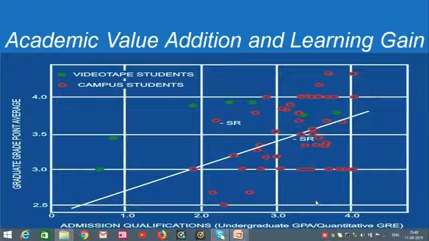But this is not so. In this case, the green dots completely defy that. They are saying it's a straight line, which is extremely surprising.